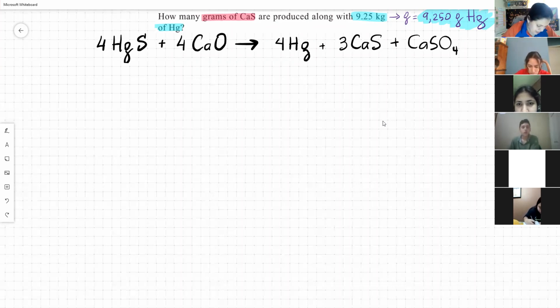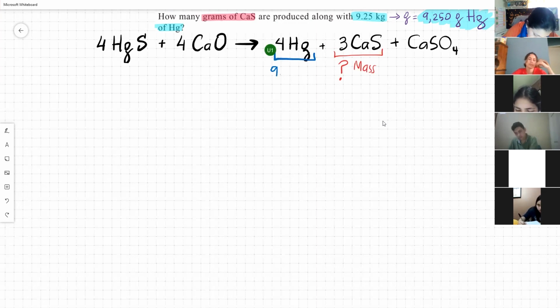So now I'm going to put the information, the unknown, that is calcium sulfide, and I need to know this mass, okay? And the given is mercury, 9,250 grams. That is the given, okay? Now we write the molar masses. The molar mass of mercury, I got it from the step before, or from the periodic table directly, and it is 200.59 grams over mole.